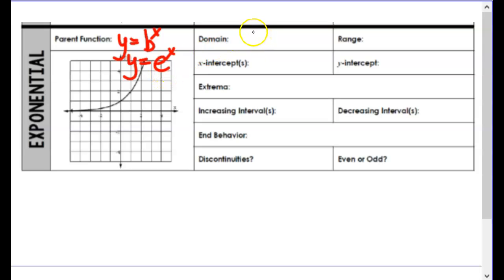The domain is still all real numbers. The range is 0 and up. It cannot actually hit 0. Therefore, it has no x-intercept. What power, guys, would make any number 1?